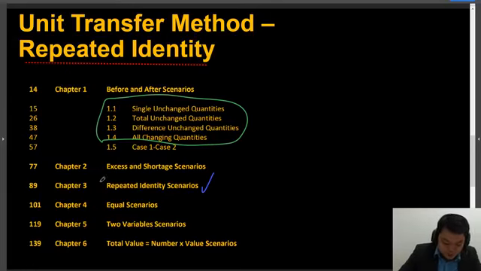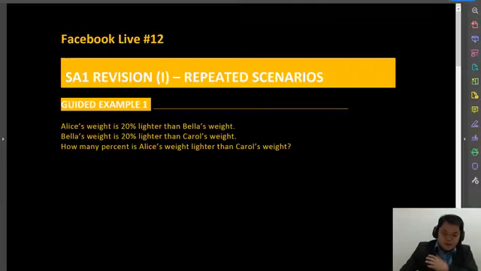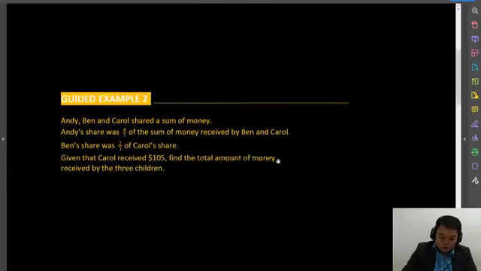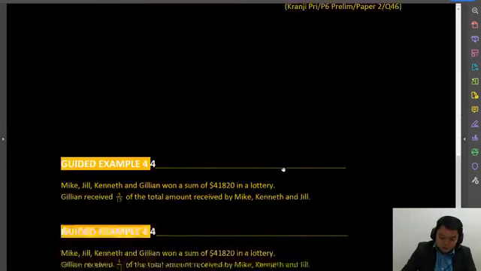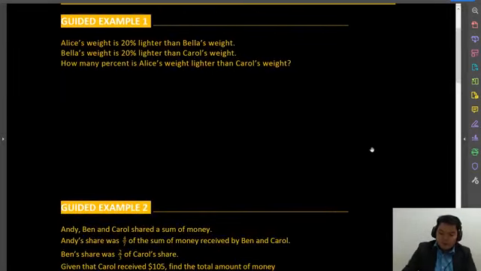Okay, so today this is my main focus, and there's a lot of inquiries as to whether these are all P6 or not. Okay, the idea here is that they can be done for P4. All you have to do is to convert all these percentages or decimals into fractions first, and that would be something that the P4s are dealing with.